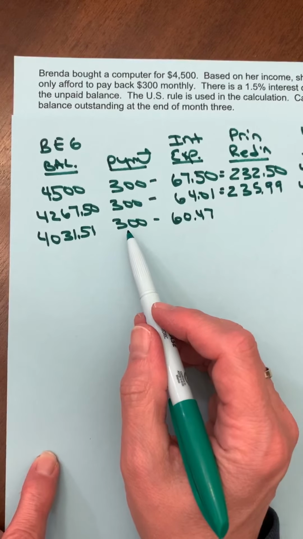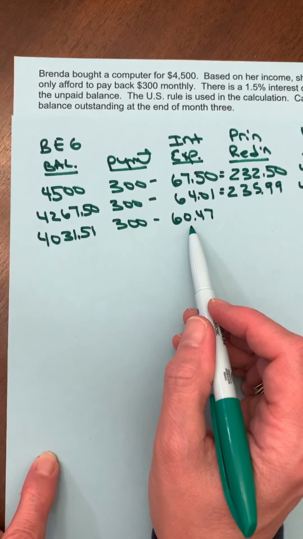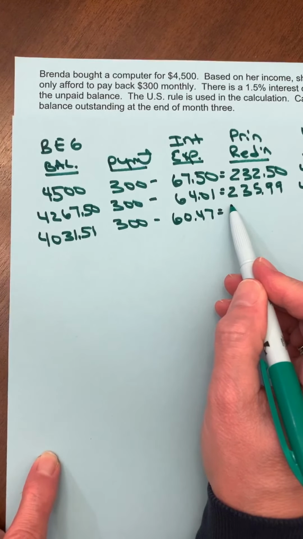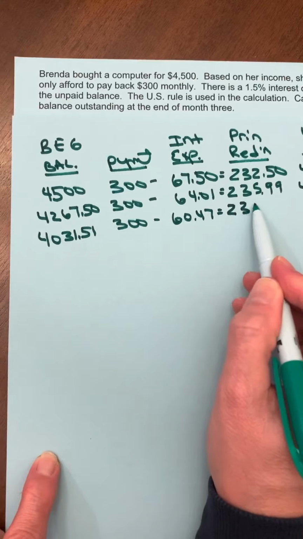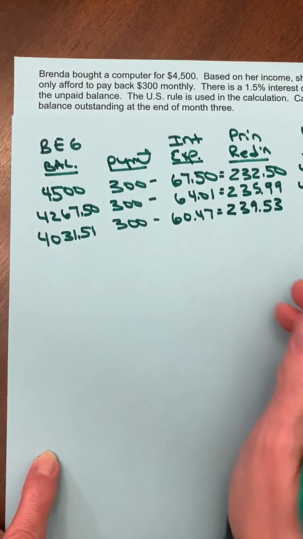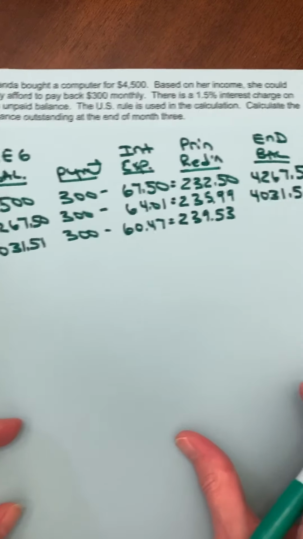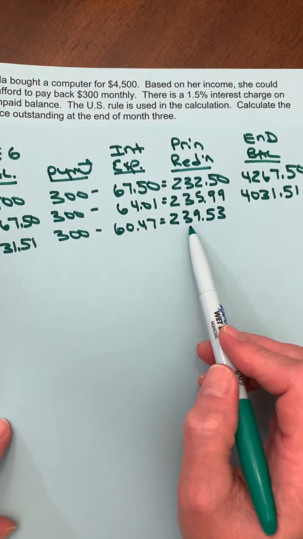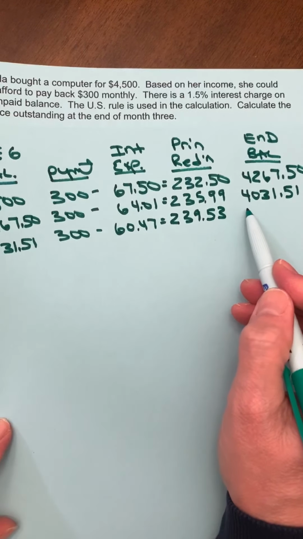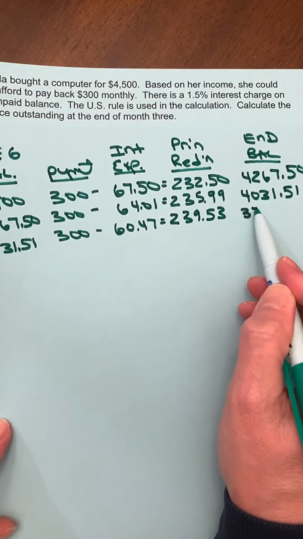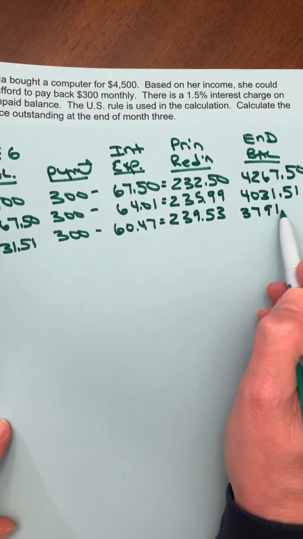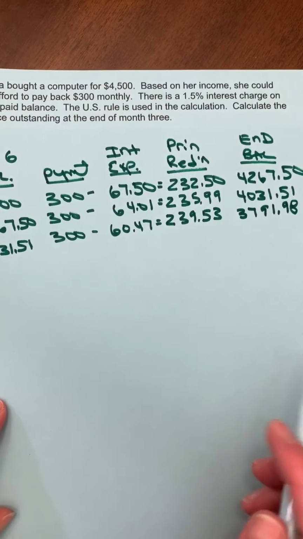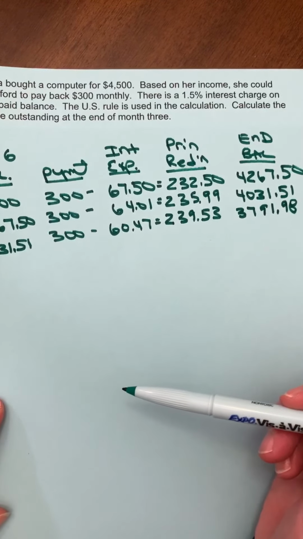So if I make a $300 payment and $60.47 goes to interest, then how much is left to reduce my principal balance? $239.53. So if I started the month owing $4,031.51, now I've reduced that by $239.53. Now I only owe $3,791.98. We could continue amortizing this for the entire length of the loan.